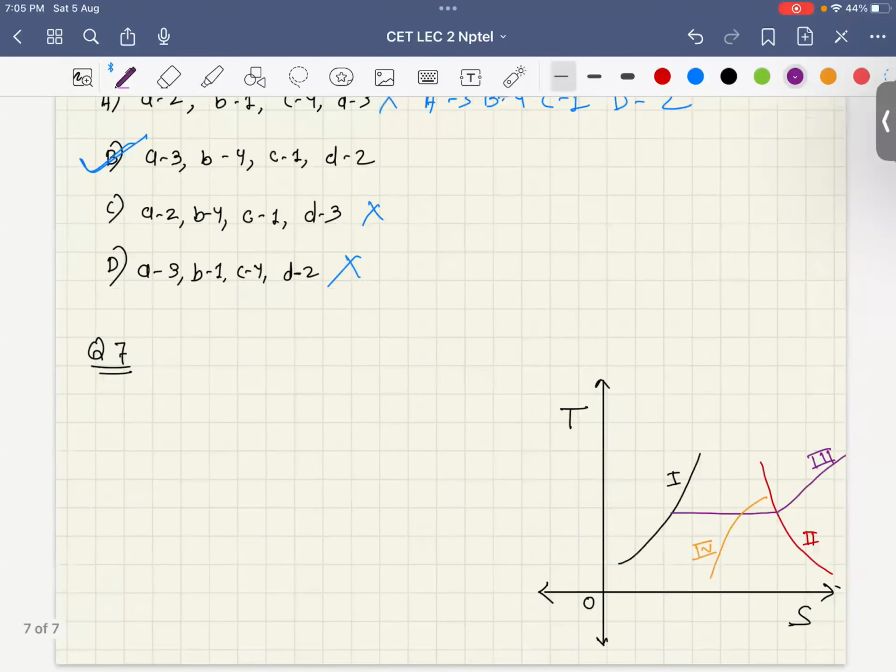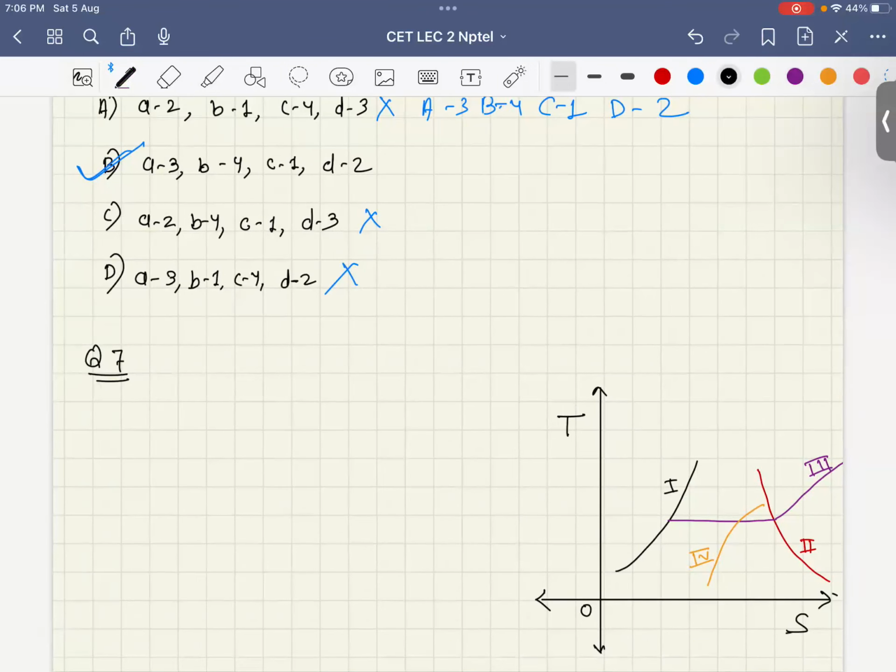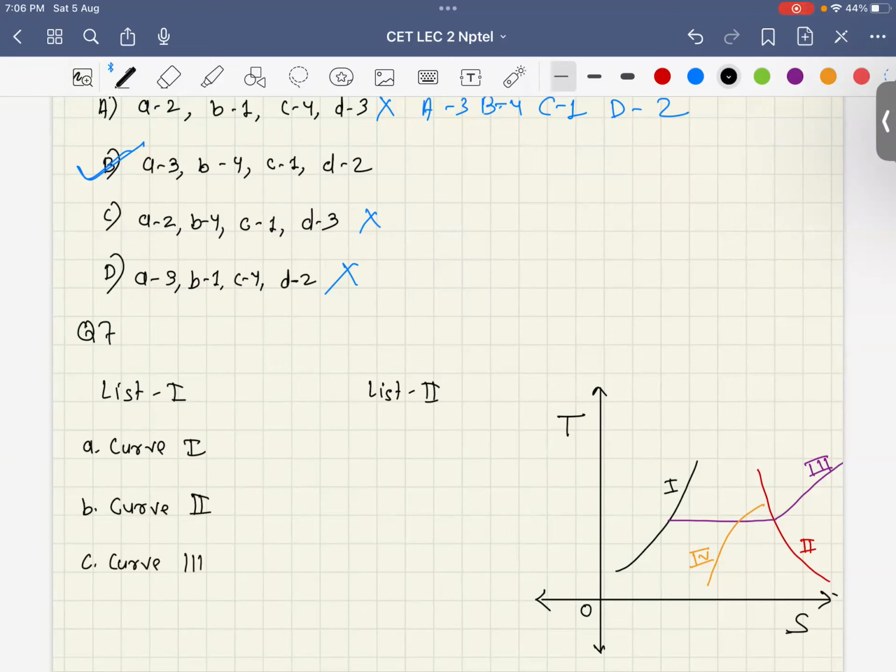Now what you have in question 7, list 1 and list 2. So here you have curve 1, curve 2, curve 3, and curve 4.